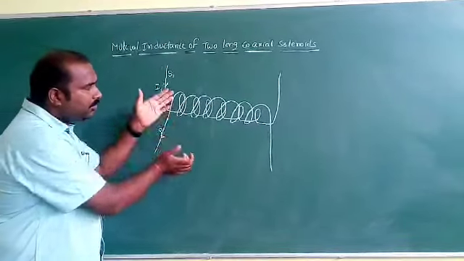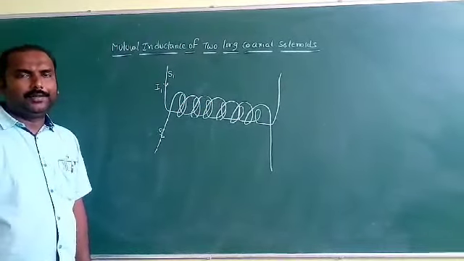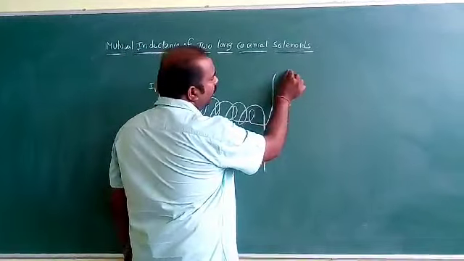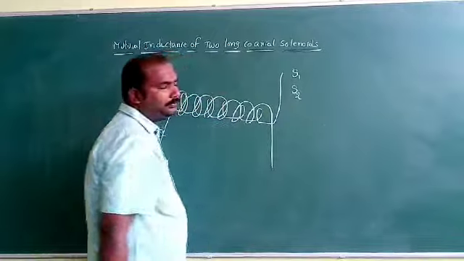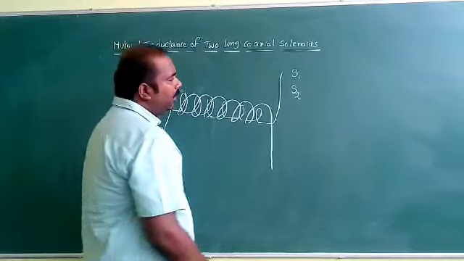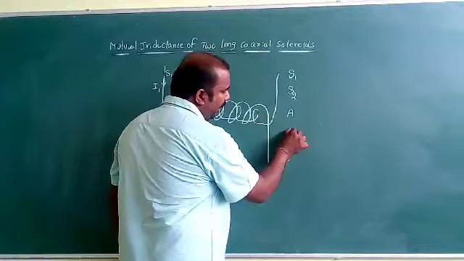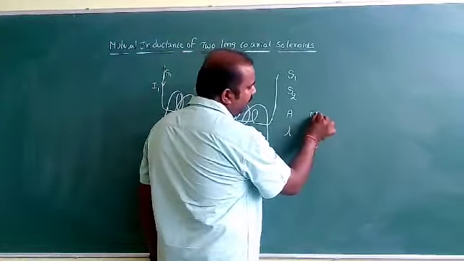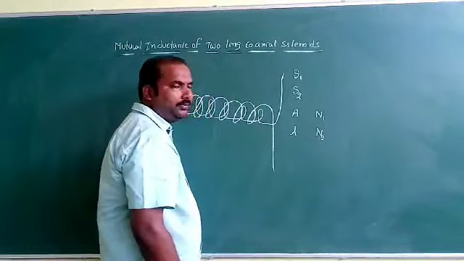Like this, two solenoids are placed one over the other: S1, solenoid 1, S2, solenoid 2. A is the area of the solenoid and L is the length of the solenoid, and N1 is the total number of turns in solenoid 1, N2 is the total number of turns in solenoid 2.